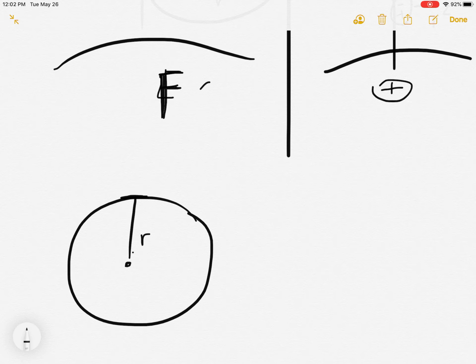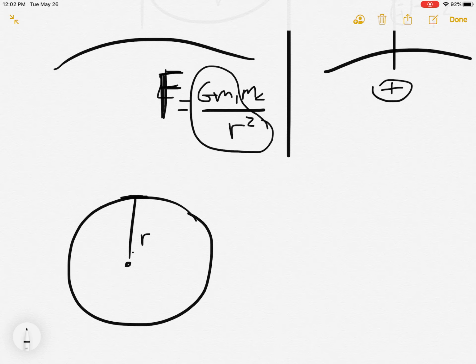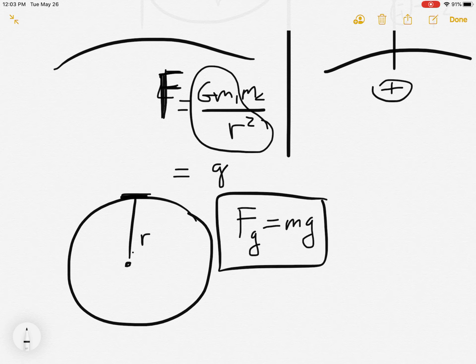Well, actually, what we modified is the force equation. Let me write the force equation. G m1 m2 over r squared. And we look at these three numbers and turn them into a little constant g, because they never change if you stay on the Earth's surface, and we got a little mg as a shortcut for gravity.